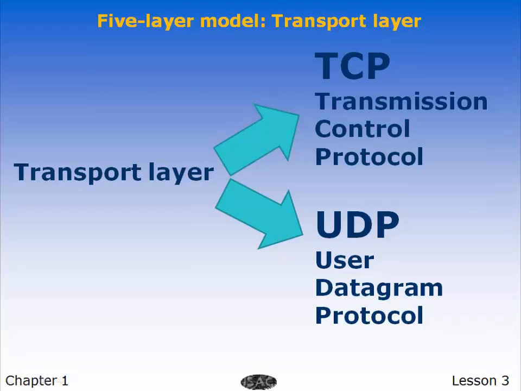There are two major protocols used by the transport layer, which are TCP, which stands for Transmission Control Protocol, and UDP, which stands for User Datagram Protocol. They are different protocols by concept, by speed, by processing capacity, and so on.